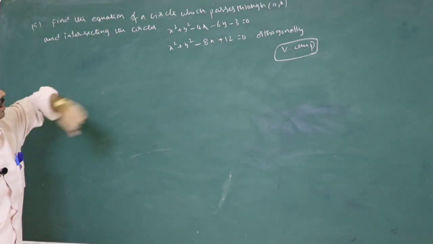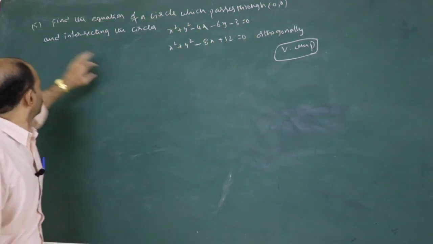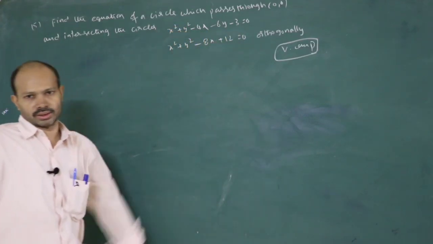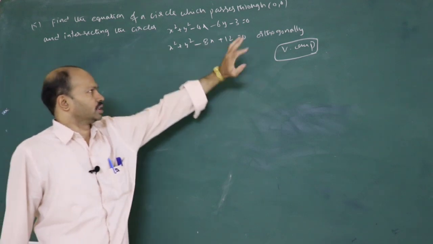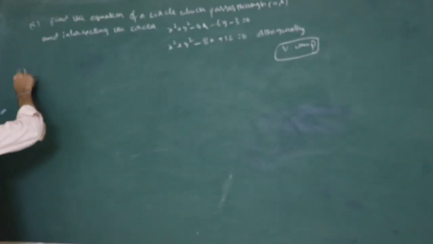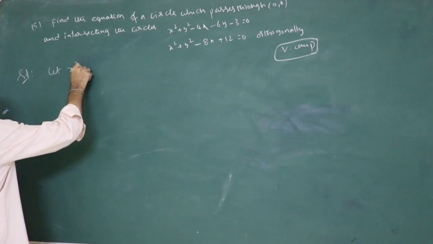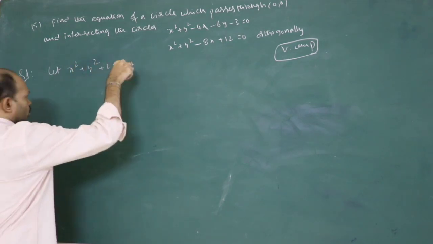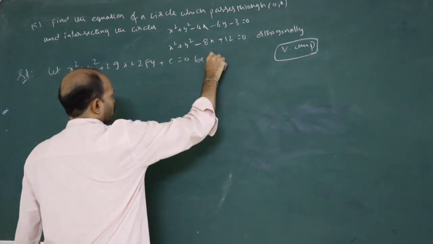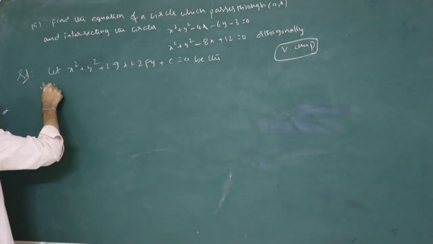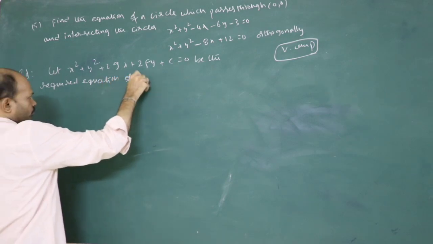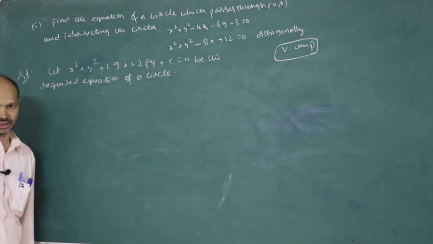Find the equation of a circle which is passing through 0, 0 and intersecting the circles x square plus y square minus 4x minus 6y minus 3 is equal to 0 and x square plus y square minus 8x plus 12 is equal to 0 orthogonally. Coming to the solution part, let x square plus y square plus 2gx plus 2fy plus c is equal to 0 be the required equation of circle.